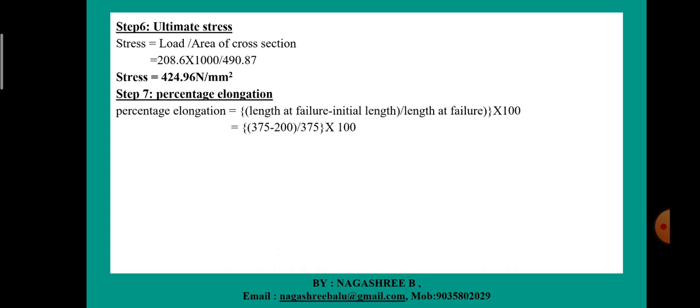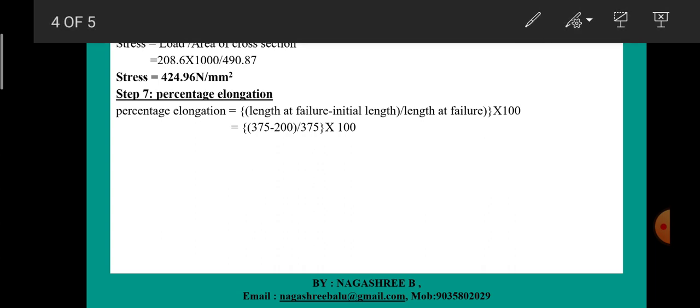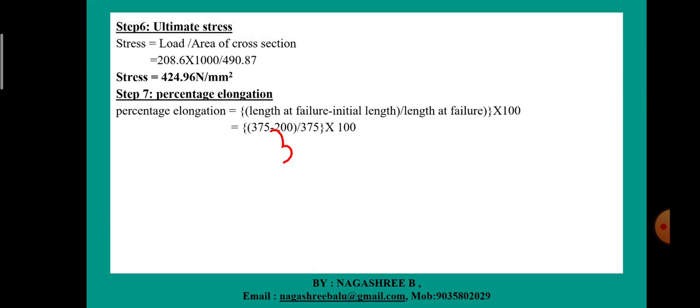Length at failure I have got as 375, minus the initial length. Initial length here it was 300. By mistake I have typed 200, sorry. It is 375 minus 300 divided by 375 into 100. So therefore I have got the percentage elongation as 46.67%.